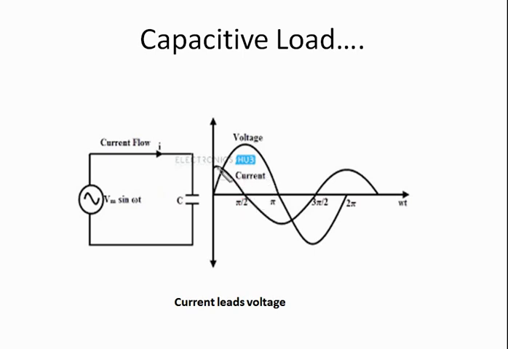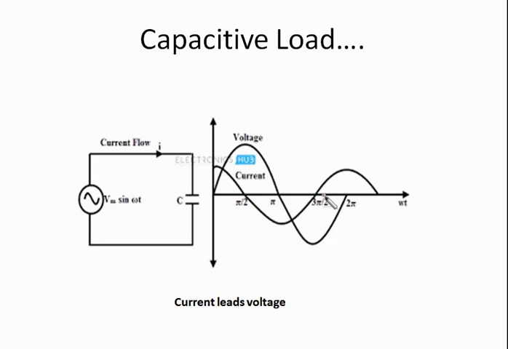Hence you can say that in capacitive load, current leads the voltage. You can see over here in this diagram, it is starting before the voltage waveform. So you can say that current leads the voltage in case of capacitive load, and the power factor lies between -1 to 0 in case of capacitive load.